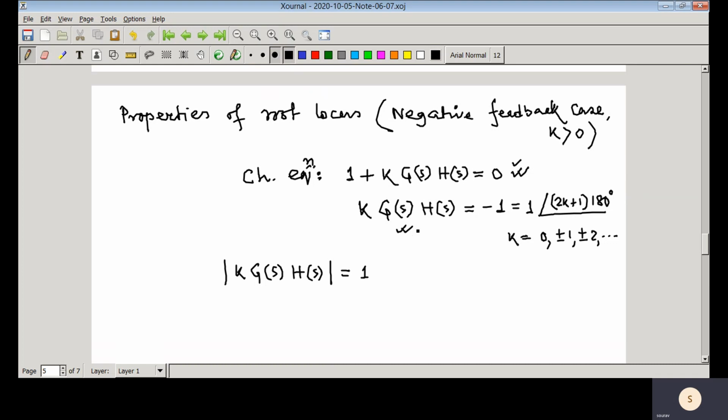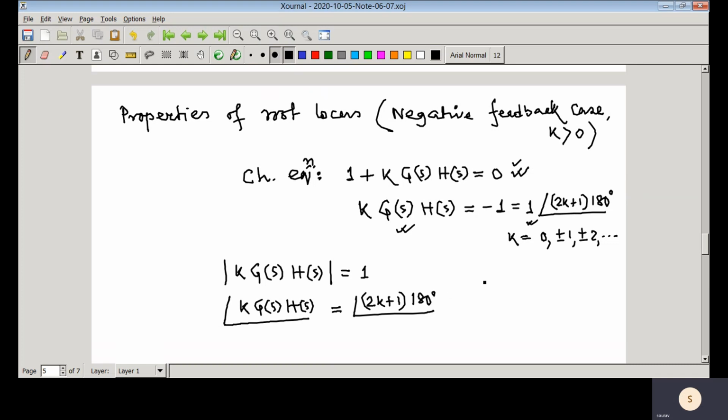Here you can see that this one is equal to 1 whenever you take the mod of this. And the other one is the angle condition. So if you find the angle of k G(s)H(s), this angle would be (2k plus 1) into 180 degrees.